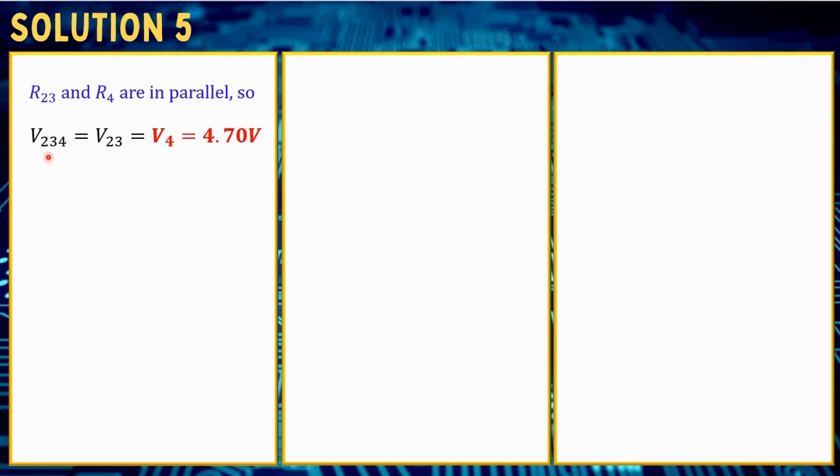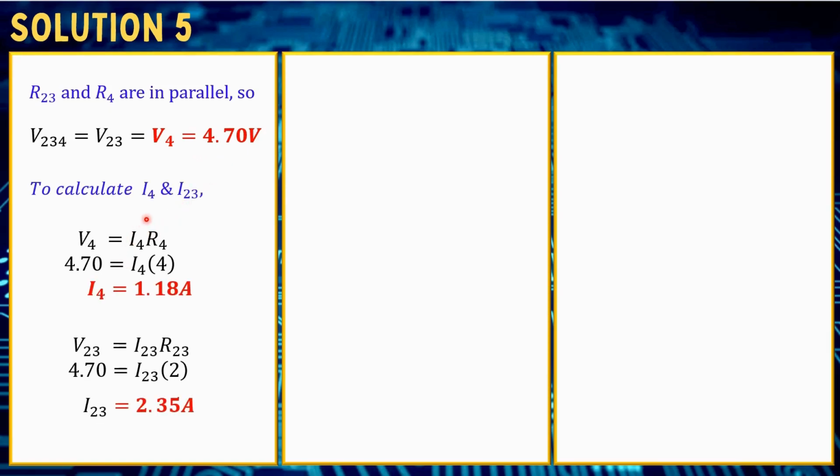From the value of V234 just now, and we know that R23 and R4 are in parallel, so V234 is also equal to V23 and equal to V4. From this value of V4 and V23, which is equal to 4.7 volt, we can calculate I4 and I23.